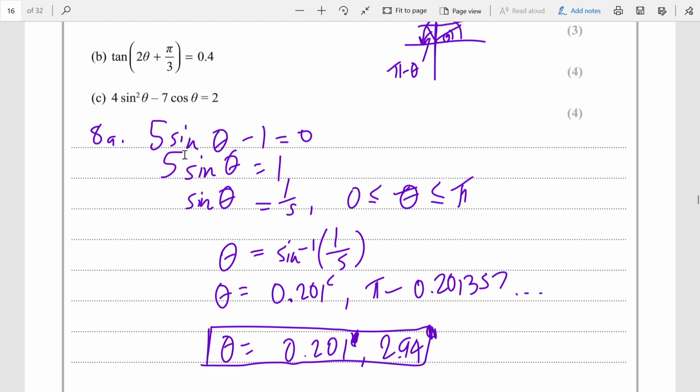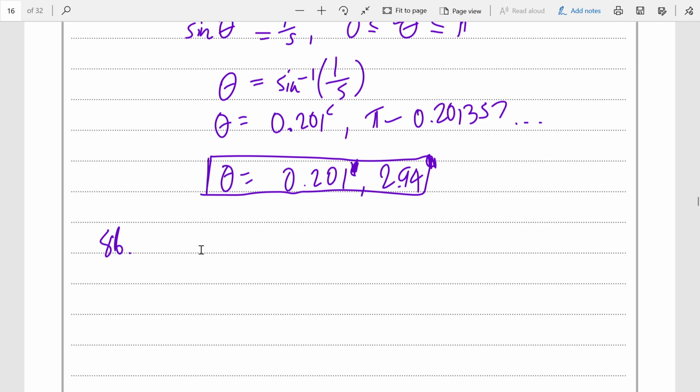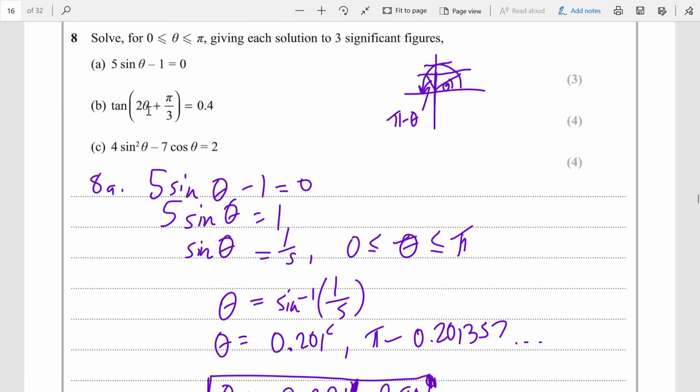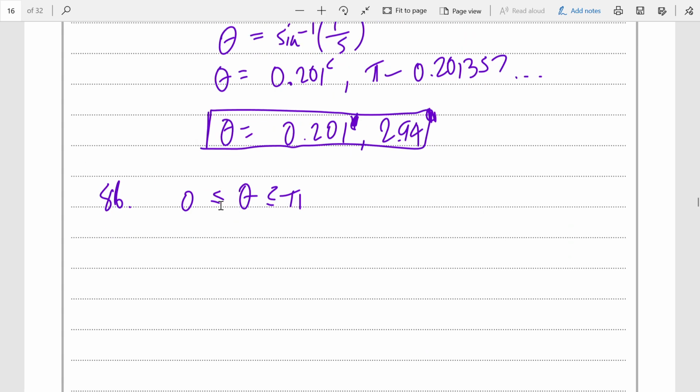So if 0 is less than or equal to theta is less than or equal to pi, what about 2 theta plus pi over 3? First we're going to add pi over 6 to both sides, so pi over 6 must be less than theta plus pi over 6 must be less than or equal to 7 pi over 6.